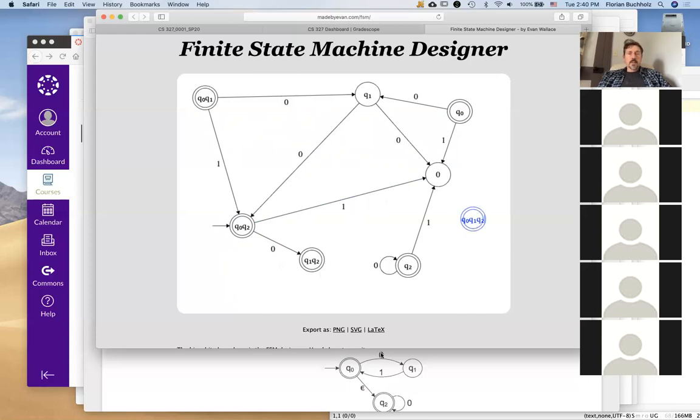So if you look at this one, we're in either of these two states. So on a 0, we would just have the transition from Q2 to itself, and there's no transition on a 0 out of Q1.